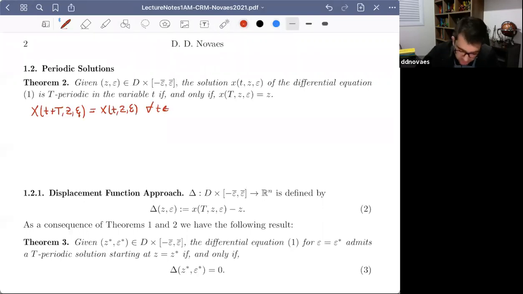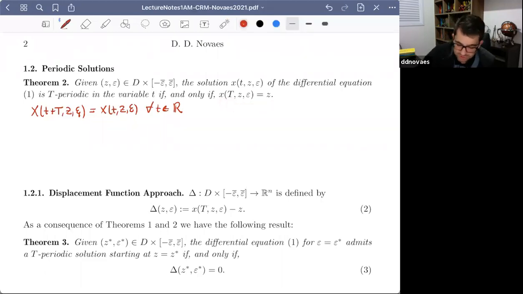Let's assume that it's R. This is what I have to check in order to prove that a solution is periodic. This theorem says that it's sufficient to check that for t equal to the period, the solution coincides with the initial condition. We do not have to check for every t in the interval of definition. We just have to check this for t equal to the period.